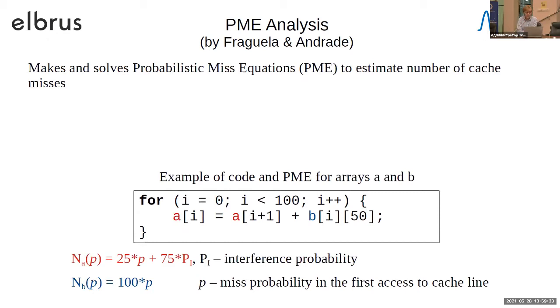For example, for this code, there are two arrays, and we can make an equation, for example, how it's shown here, and estimate somehow how many cache misses we will get. For this particular example, we think that in every cache line, we have 4 numbers, 4 elements of array.